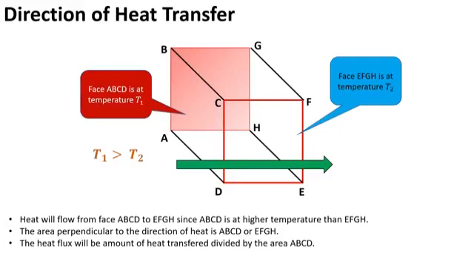Heat flux is the heat transfer per unit area perpendicular to the direction of heat. The area perpendicular to the direction of heat is the face ABCD or EFGH. So heat flux is simply the heat transfer per unit perpendicular area. And remember, heat always flows from higher temperature to lower temperature.